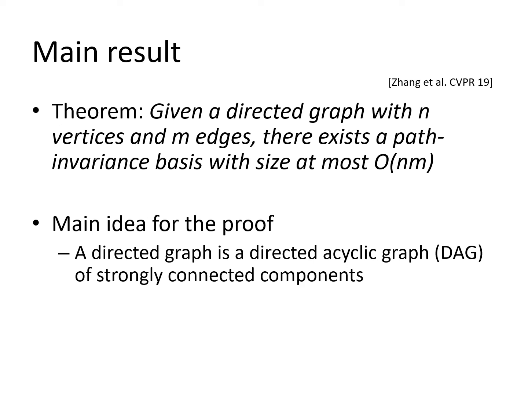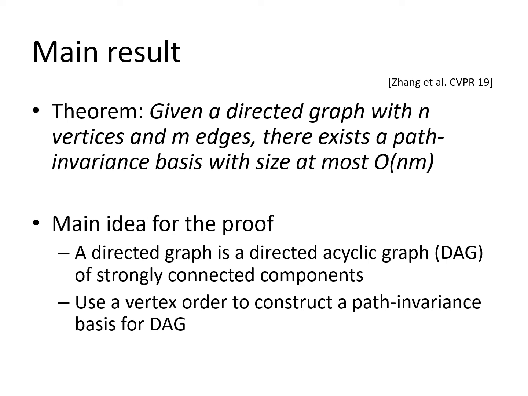The key insight is that a directed graph is a DAG of strongly connected components. We build on top of that to derive the path-invariant pairs. For the DAG, we can use a vertex order to construct a path-invariant basis. This also gives us an algorithm for computing the path-invariant basis. The details can be found in the paper.